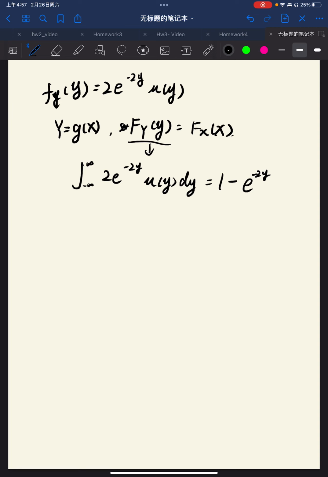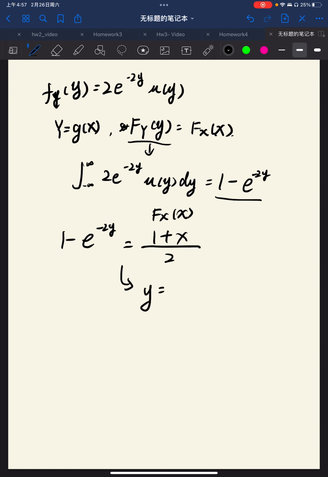And this one equals Fx, which we had before as 1 plus x over 2. After we solve it, we will have y equals -1 over 2 times ln of 1 minus x over 2. And this one is g(x).